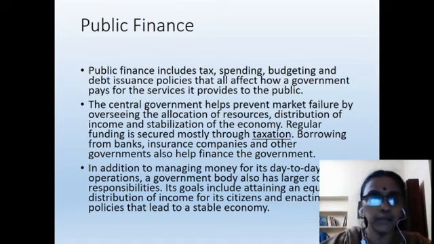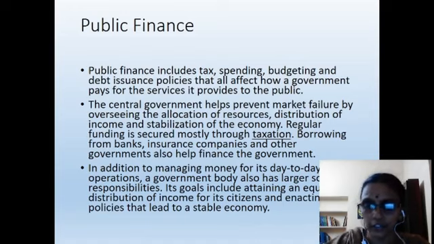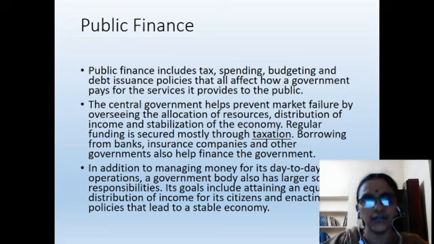So how much money has to be actually allocated by the government to the public and for the organizations and business entities, and how much money will be collected by the organization by means of taxation. So all these public policies, finance policies are dealt in the public finance.